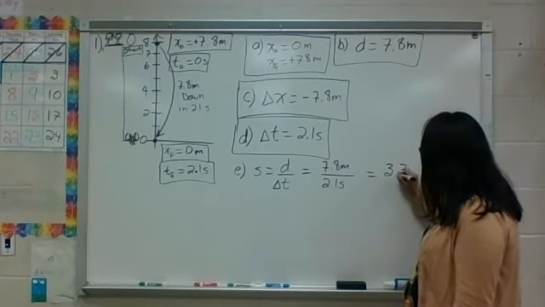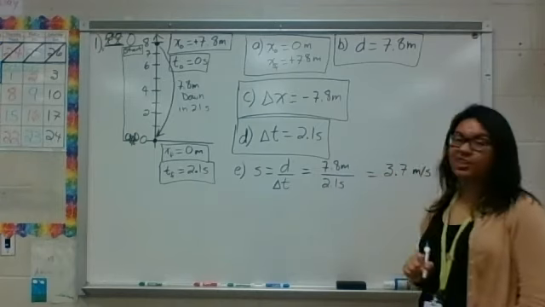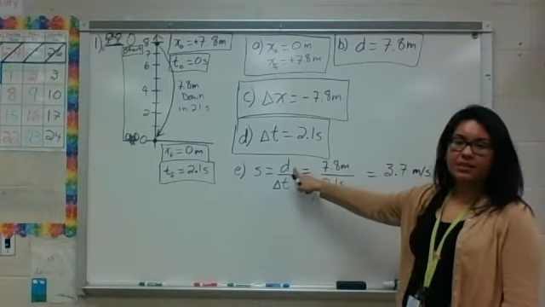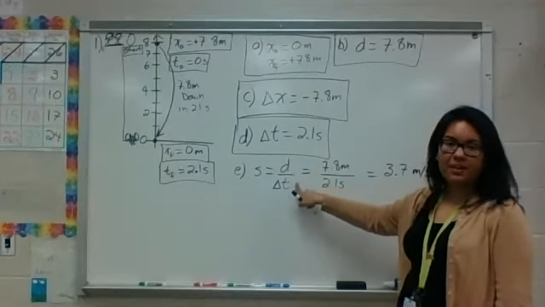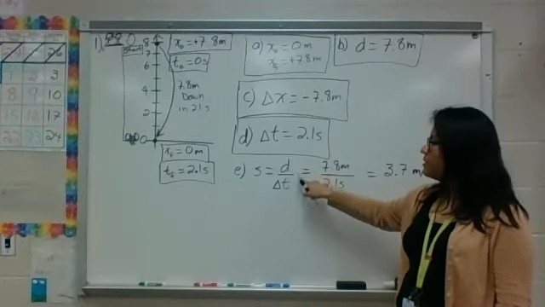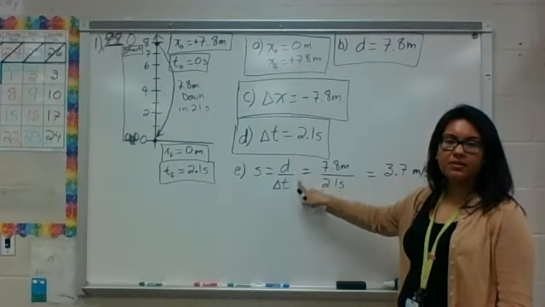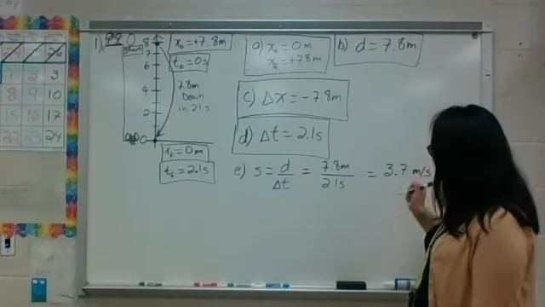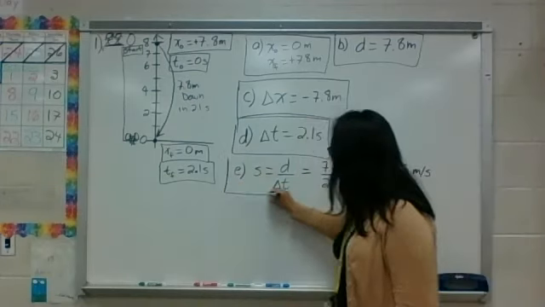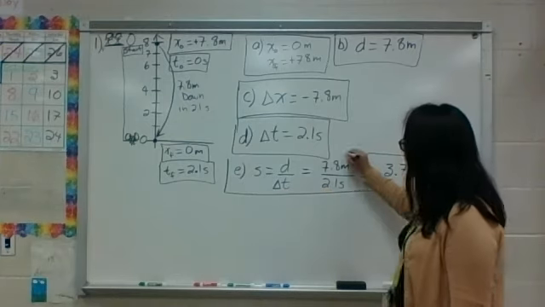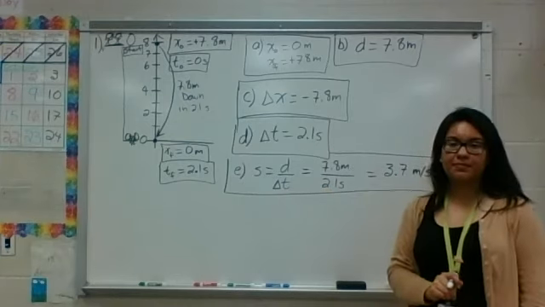So 3.7, and the units are meters per second, because the unit of distance is meters, the unit of time is seconds, so meters per second, meters divided by seconds, okay? So this is it, this is part E. This is the average speed.